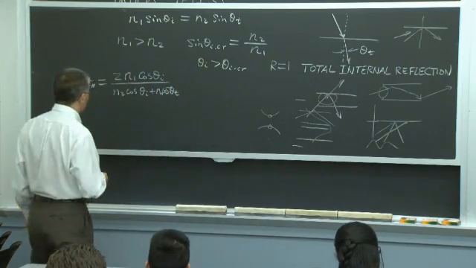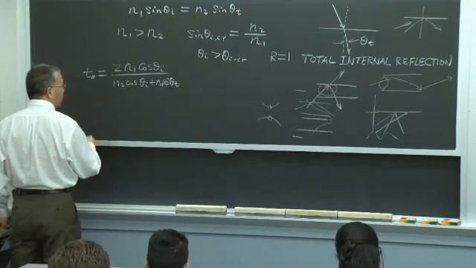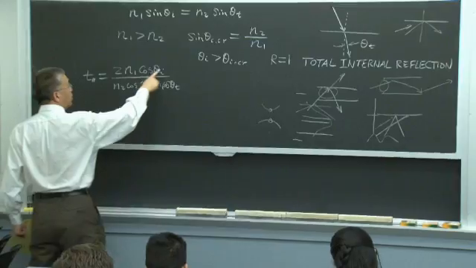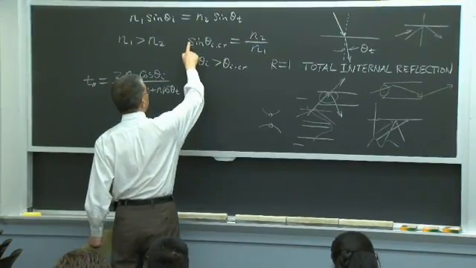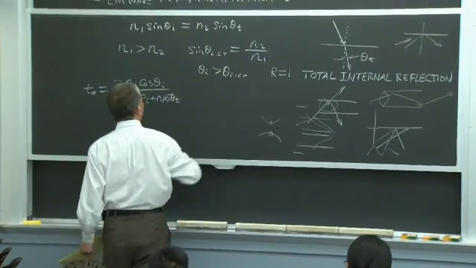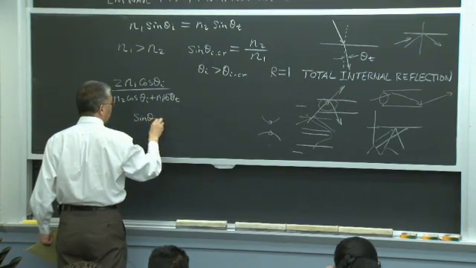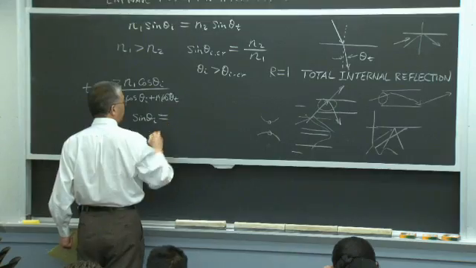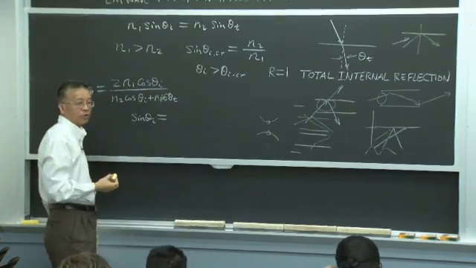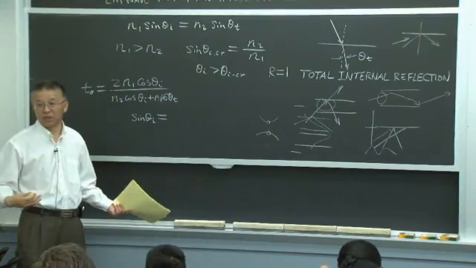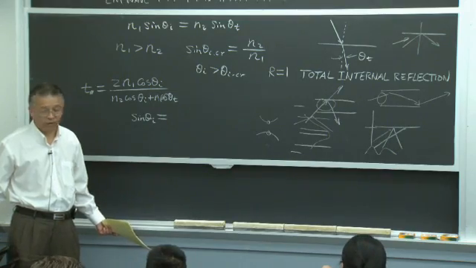Mathematically, I didn't say cosine theta_t is 0, right? If theta_i is larger than the critical angle of incidence, I can still use Snell's law, sine theta_i. Mathematically, that's a solution of the Maxwell equations. Maxwell's equations didn't exclude it, right?